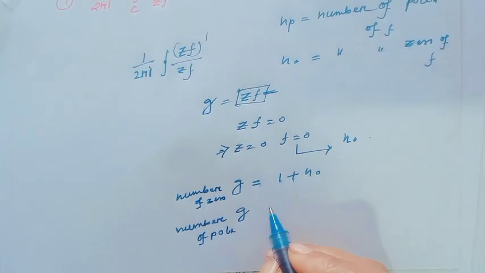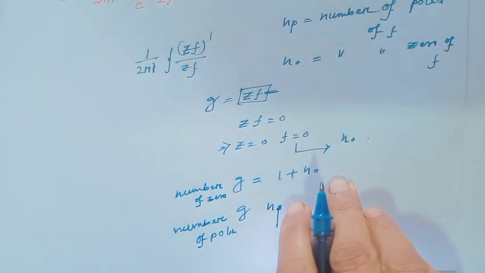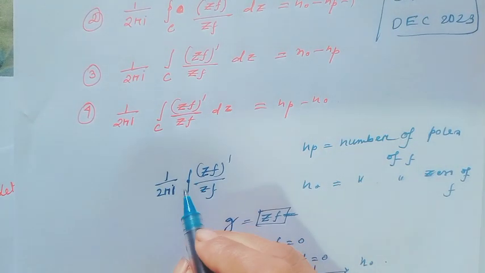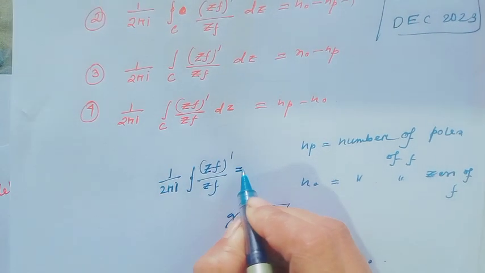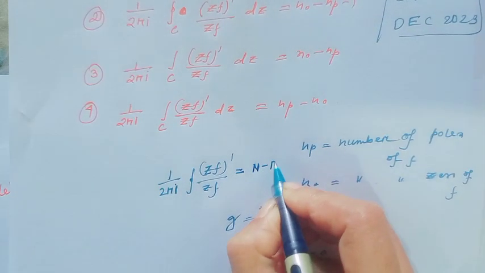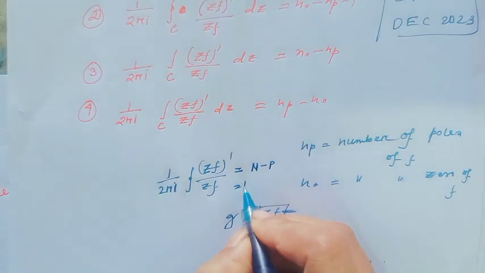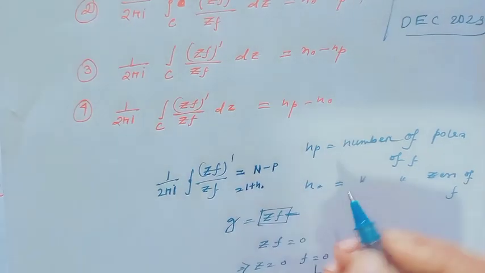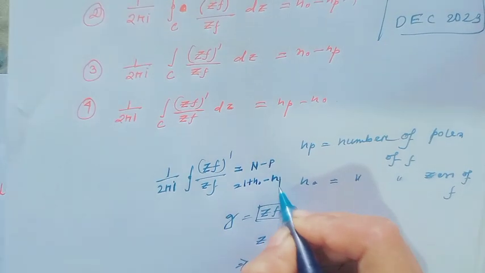Okay, therefore 1 over 2 pi i of (z f) dash over z f is equal to n minus p, where n is the number of zeros, which is 1 plus N naught, and p is the number of poles, which is Np.